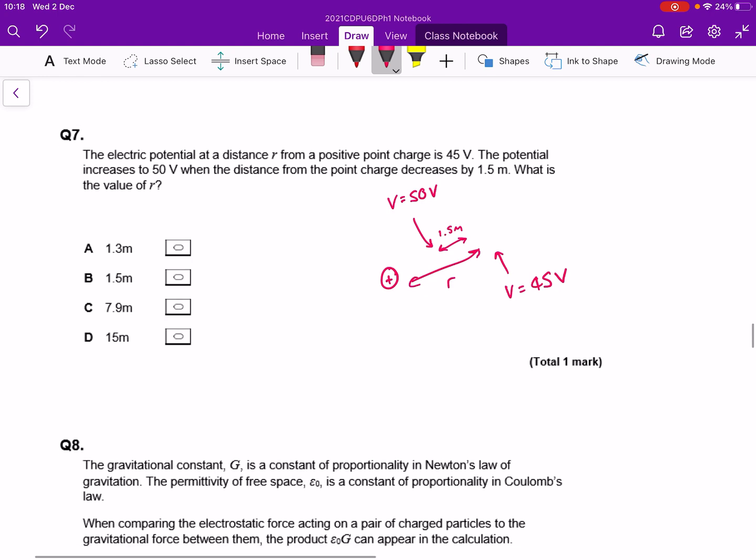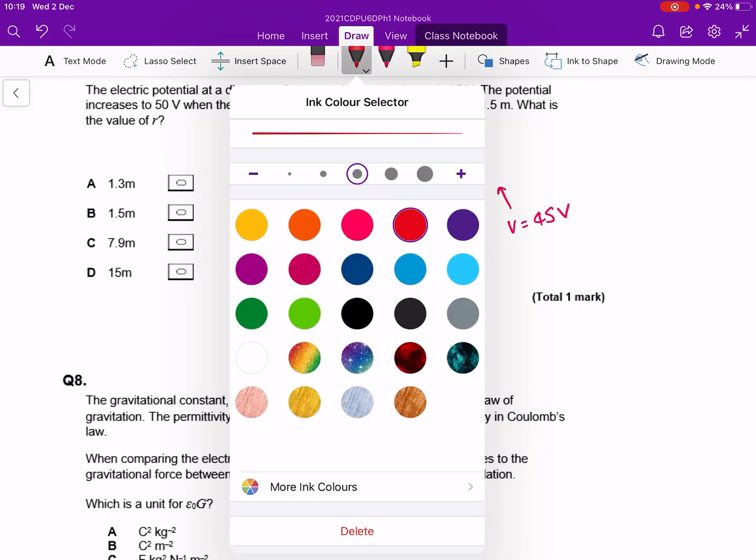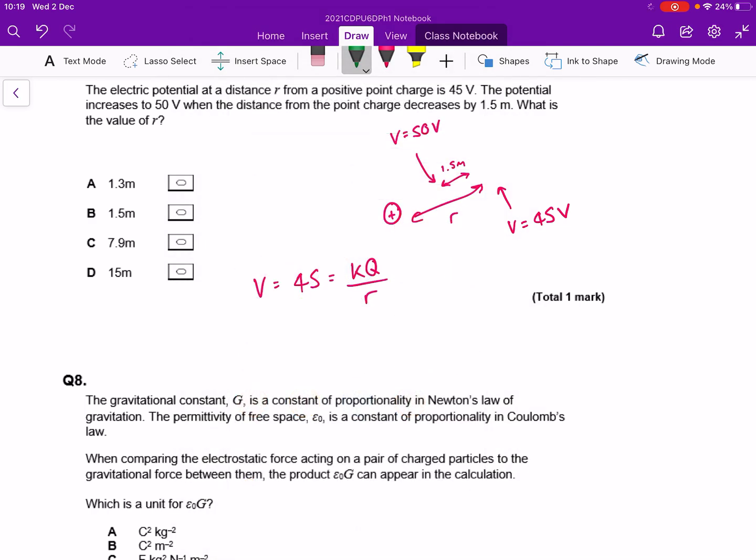Okay, so I'm going to write out some equations. So I know in the first case that V equals 45, which is equal to KQ over R. And I know in the second case that V equals 50 when this is equal to KQ over R minus 1.5.